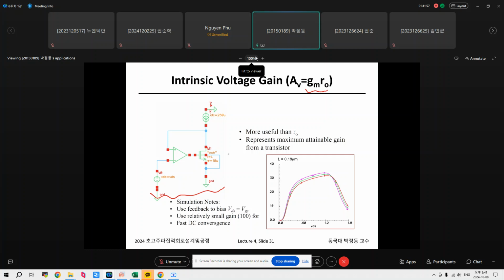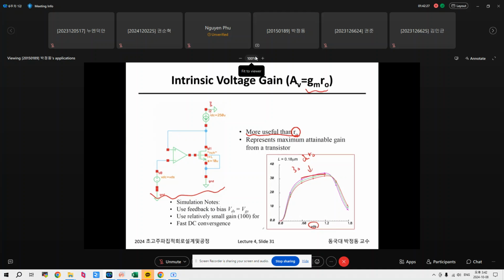This intrinsic gain is actually more useful than the RO value. It represents the maximum attainable gain from a transistor. For example, this is a GM RO value, and as VDS increases, GM RO is in the range of this.